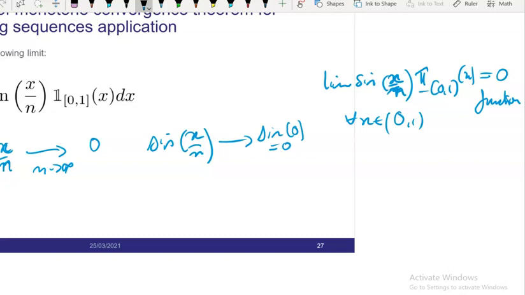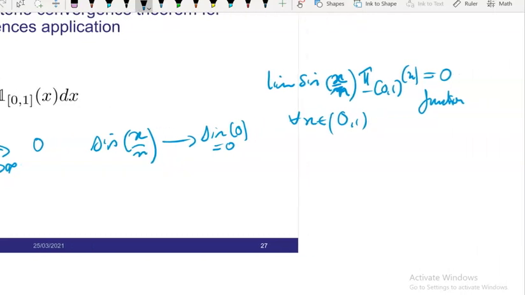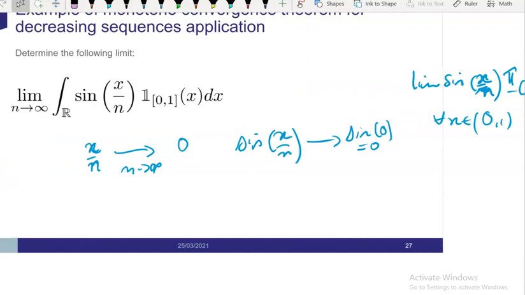That's one thing. The pointwise limit is the same everywhere: it's just the zero function. And the second thing is increasing or decreasing?